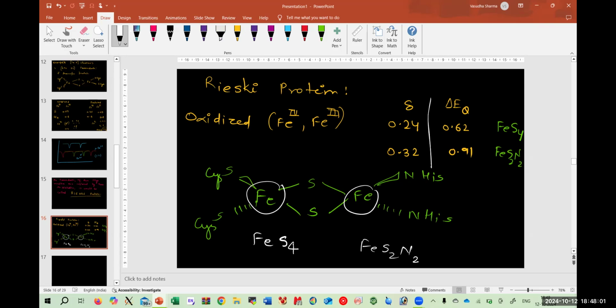That's why the values change when your coordination is also changing.